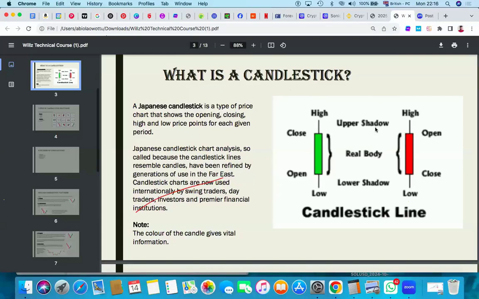The bullish candle has its open below and its close above. The inverse is the case for the bearish candle. It has its open at the top and its close below. And then we have the wicks, which give the high and the low.